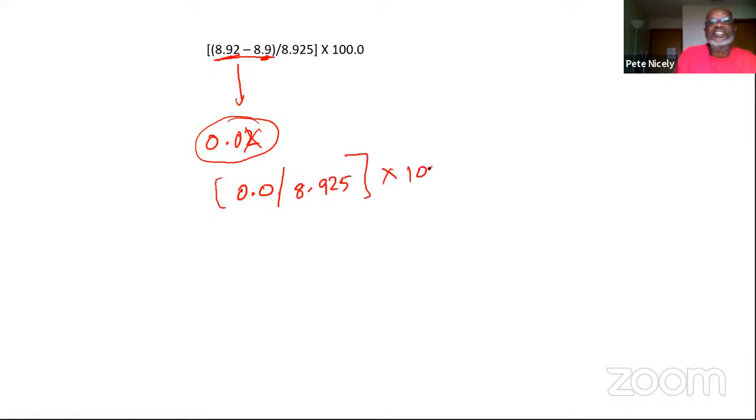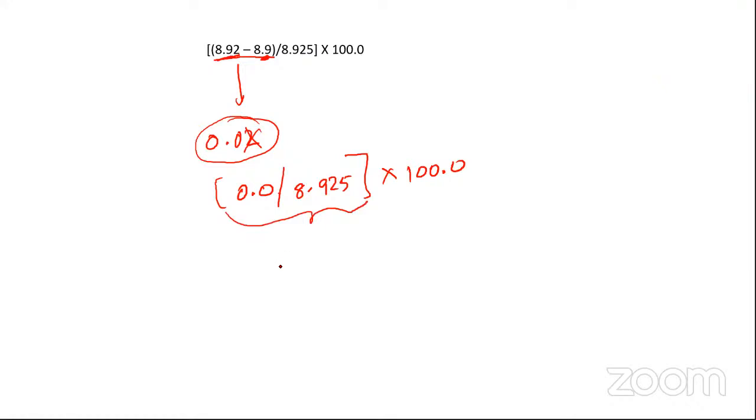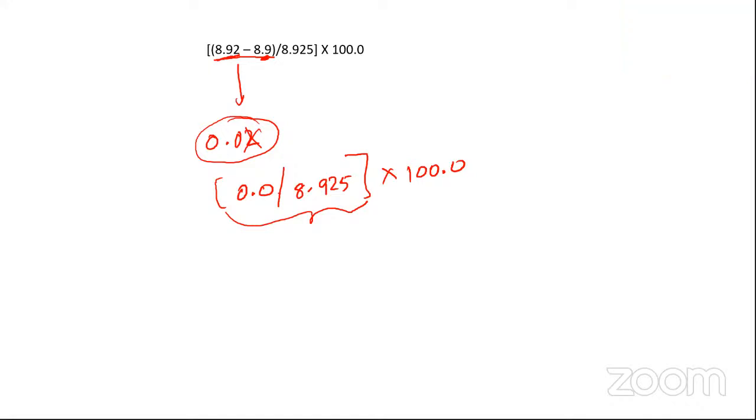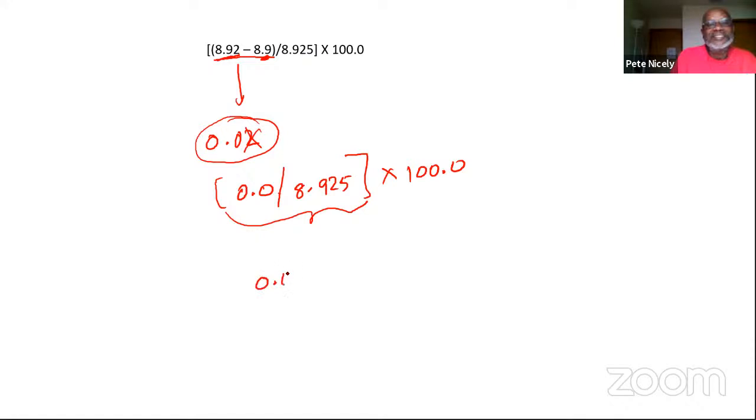times 100.0. So when you work this out, what are you going to get? That should be easy. 0. Well, more specifically, 0.0. Because again, when you're dividing, you have to round off according to the lowest number of significant figures.